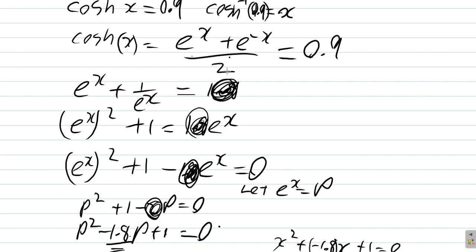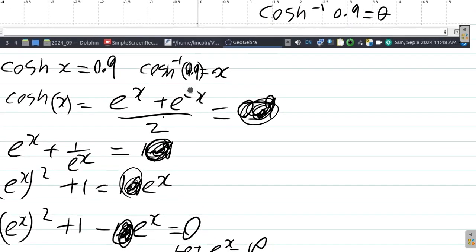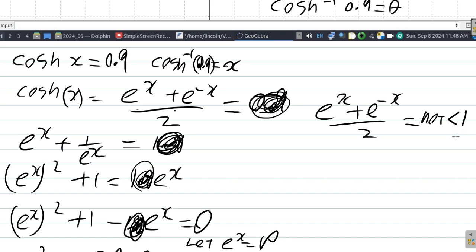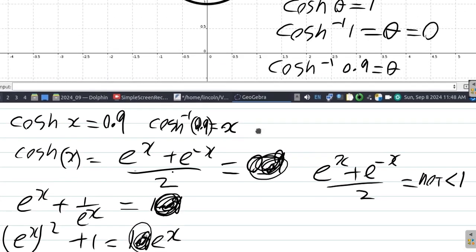Now here, 2 times that must not be smaller than 1. Because if this is smaller than 1, 2 times it is smaller than 2. Now here, e to the x plus e to the negative x over 2 should not be less than 1, right?